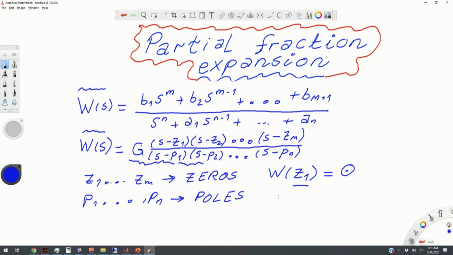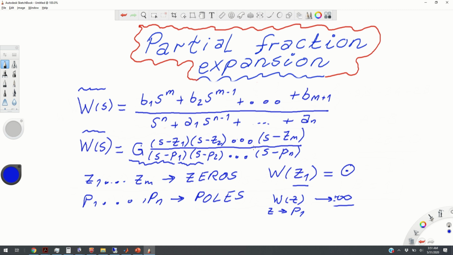Well, one of the reasons is that when z approaches p1, for example, the value of this function, assuming that p1 is real, will approach plus or minus infinity under some mild assumptions.